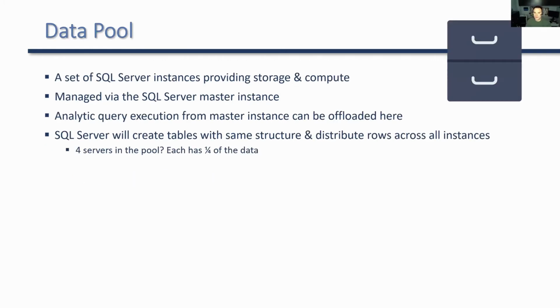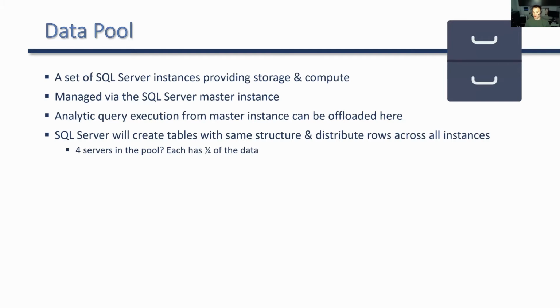Next, we have the data pool, and this is actually really cool. This is a pool of SQL Server instances that are part of the big data cluster that provide storage and compute, and they're all managed via the master instance, and we'll see this in a demo too. But if you have essentially a pool of these servers and you create a table in the data pool, all the data in that table is sharded across the servers, distributed.